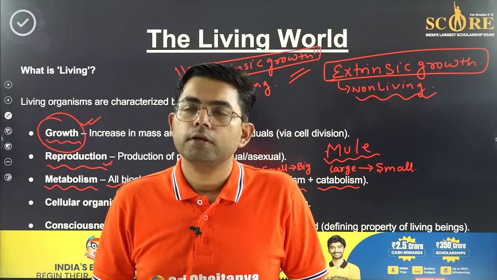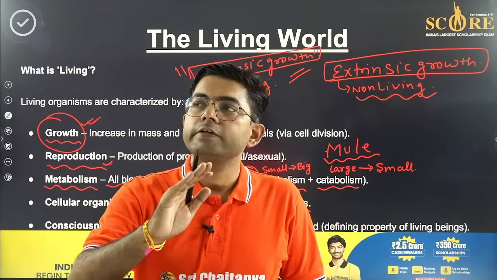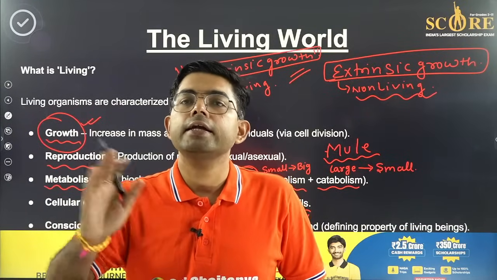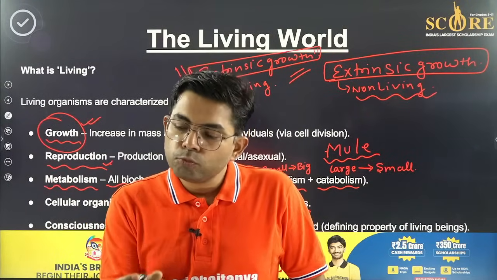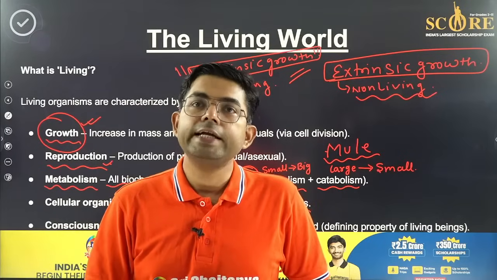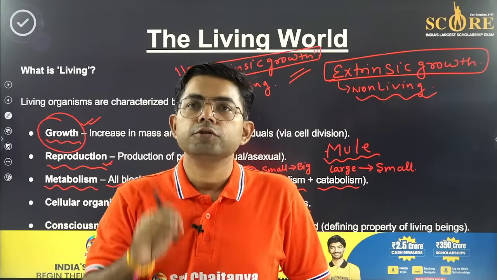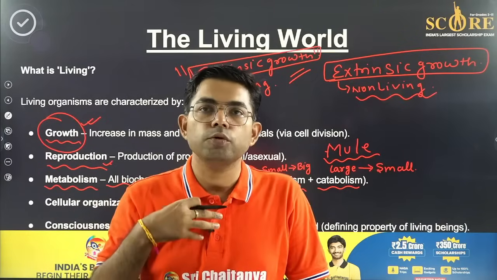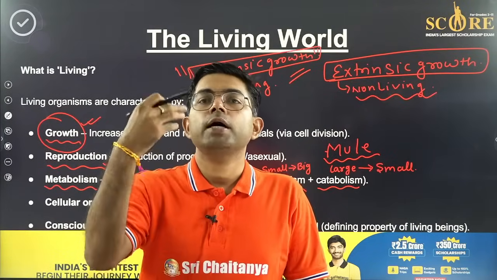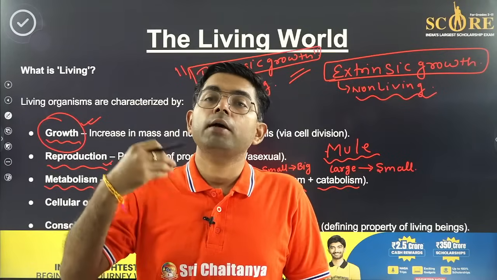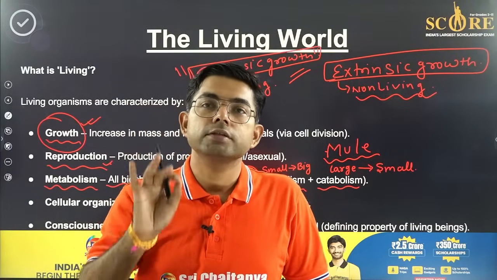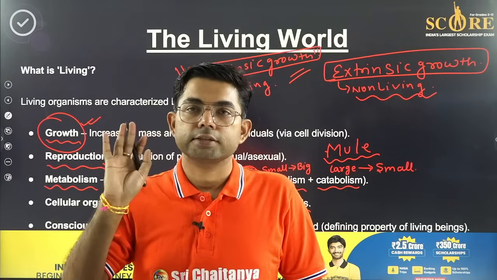For example, you see a plant always bends toward the light. They are interacting with the surroundings. Roots move toward the water, interaction with the surroundings. So this is an example of consciousness. Consciousness is not just shown by animals, but it is shown by plants also, by bacteria also, right? It means all living organisms show consciousness.